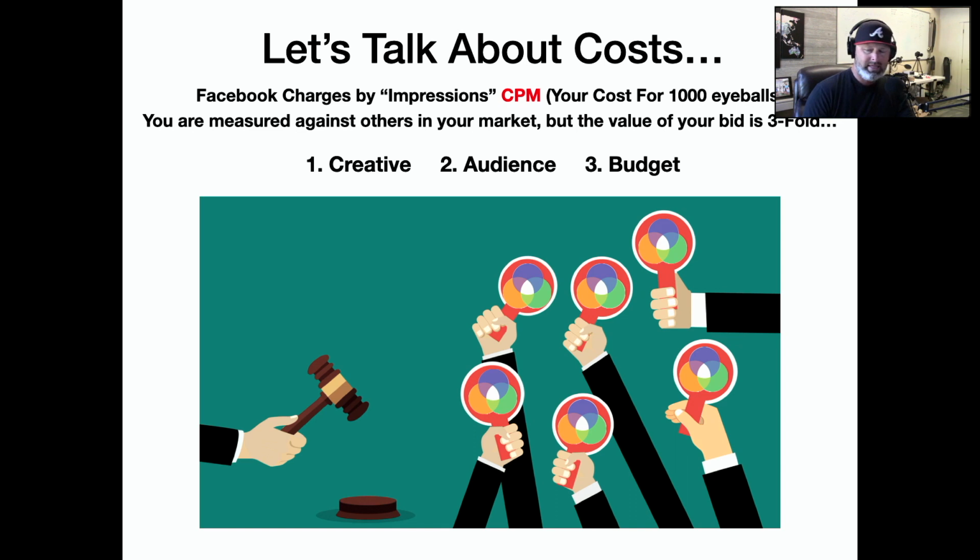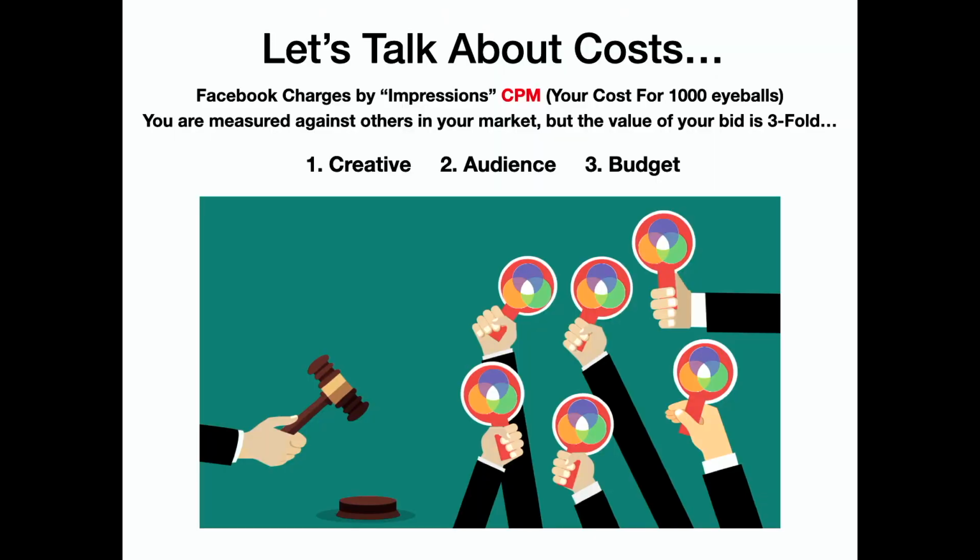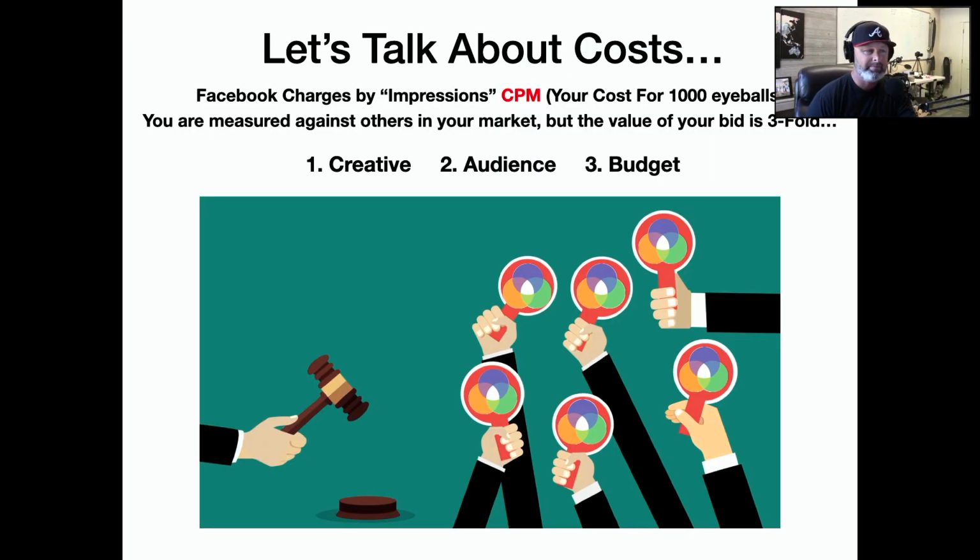So I think it's really simple to understand. In an auction, you wave your paddle, and if you have the highest bid, you win. With Facebook, it is different, because when we wave our paddle, instead of just showing the bid, the actual money, we're showing the creative, the audience, and budget. And those things are being measured against all of the other people in our marketplace.